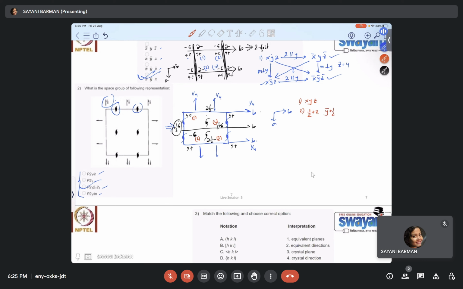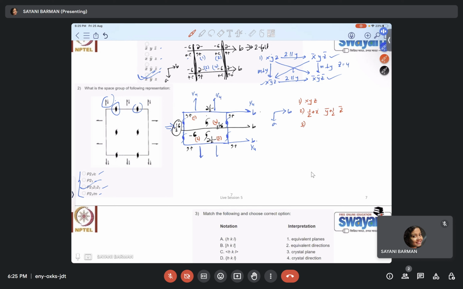Then along Y axis also it's been translated half. Then in Z axis, it's Y bar and Z bar because the rotation is along the X axis. The 2 1 is along X axis.